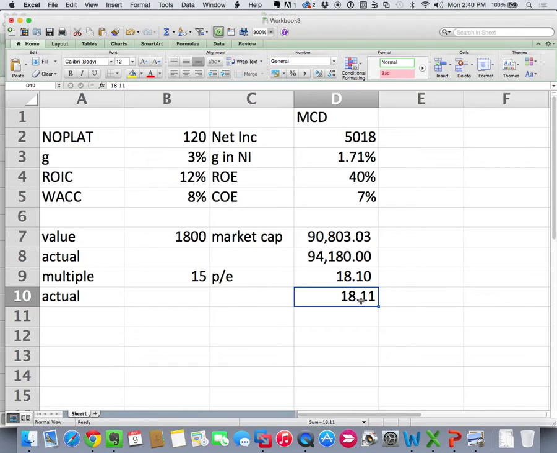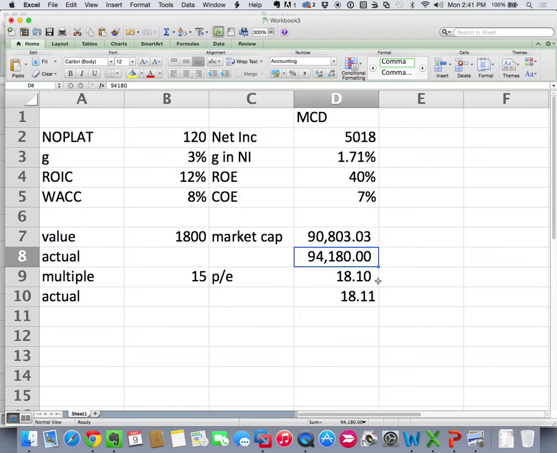Now here's what's interesting. My market value is off by about $3.3 billion. Why? Why wouldn't my PE and my market cap actually match? And I'll give you a hint.